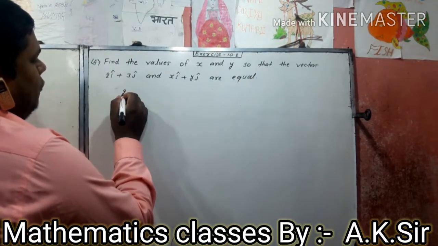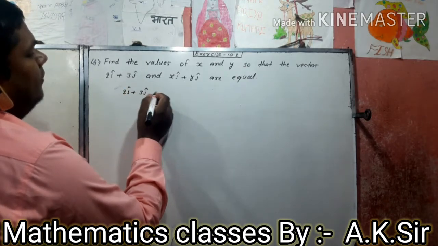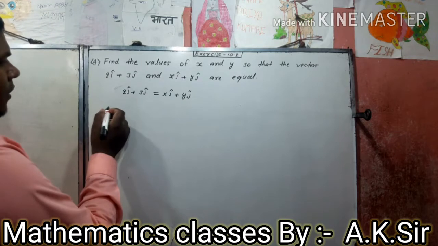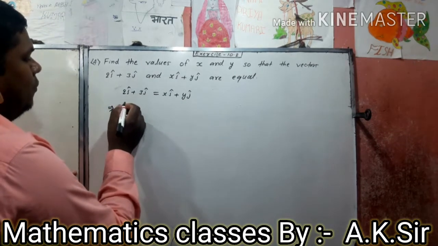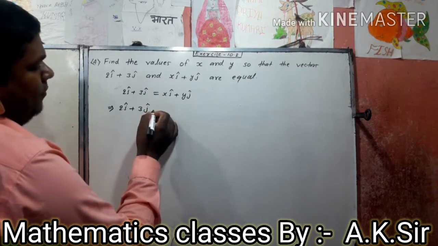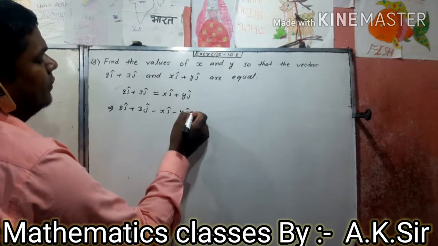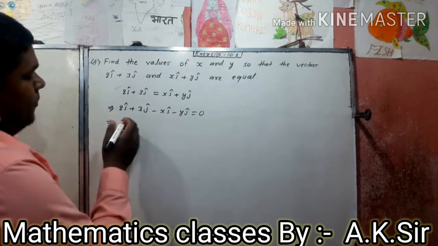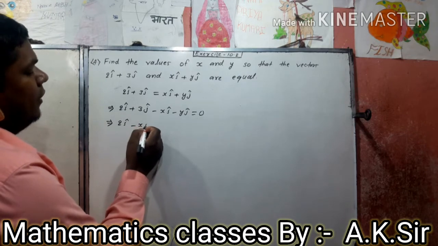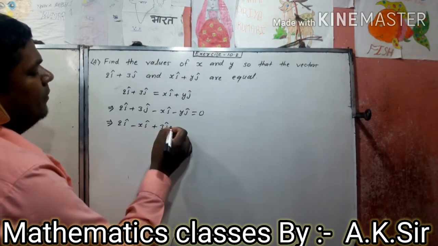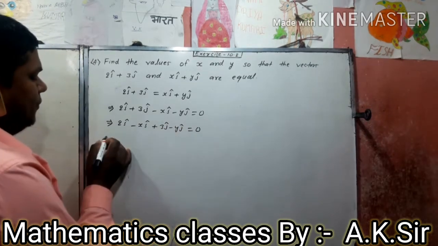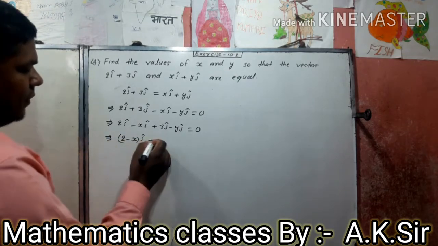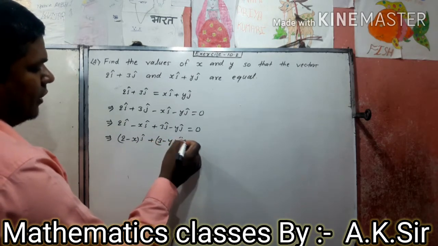We can write 2i plus 3j cap is equal to x i cap plus y j cap, which implies that 2i plus 3j minus x i minus y j cap is equal to 0. 2i minus x i cap plus 3j cap minus y j cap is equal to 0. 2 minus x into i cap plus 3 minus y into j cap is equal to 0.